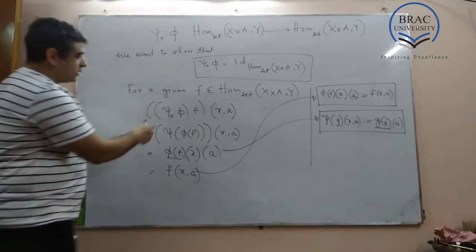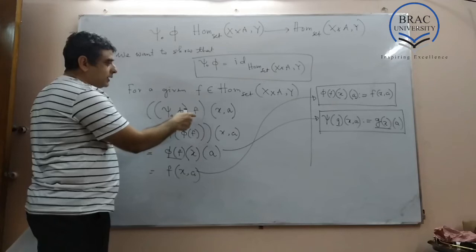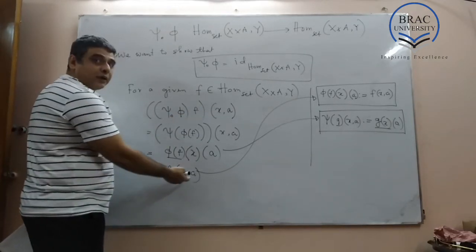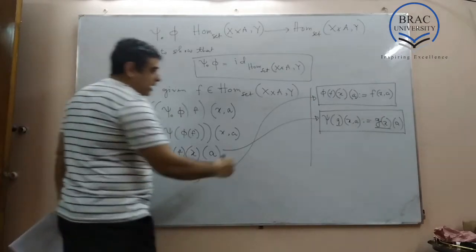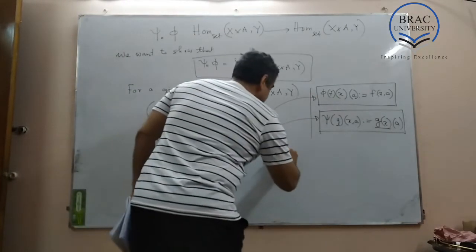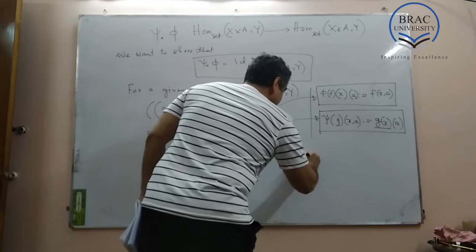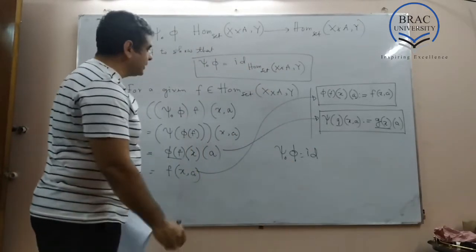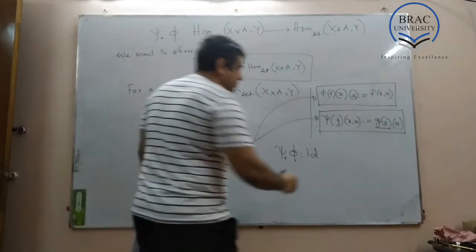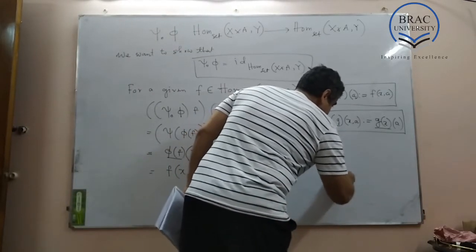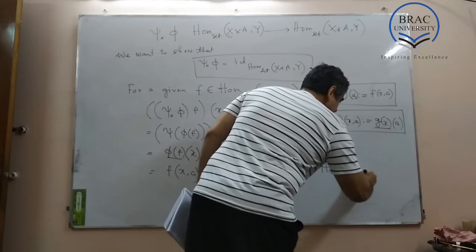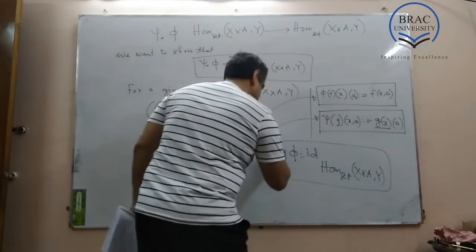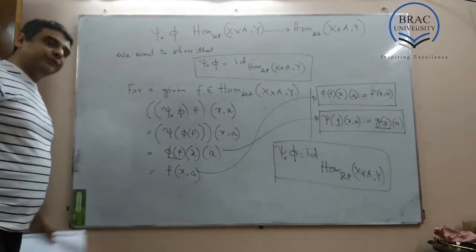We got that psi composed with phi acting on f evaluated at x comma a is nothing but f acting on x comma a, so that psi composed with phi is the identity map on the home set x cross a to y. This is what we proved by using the definitions.